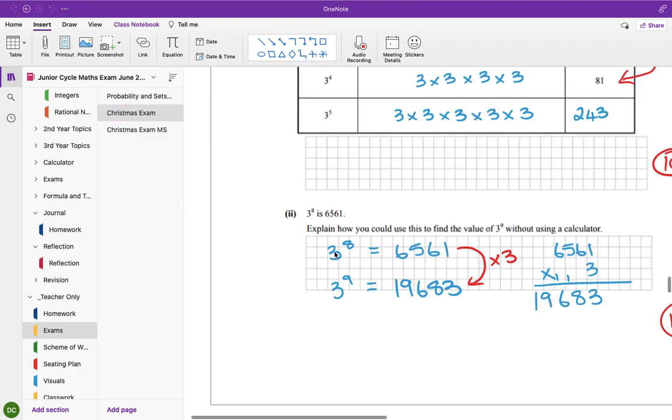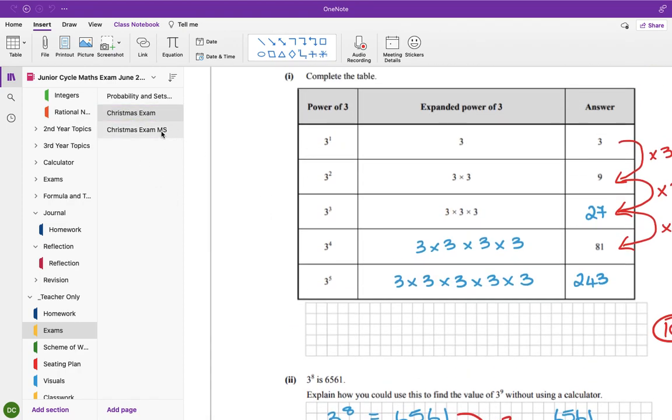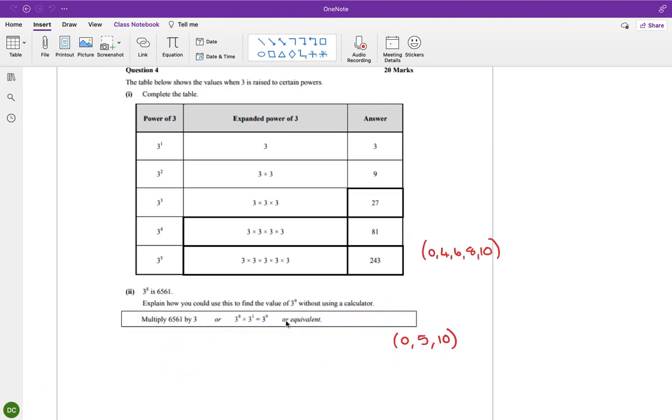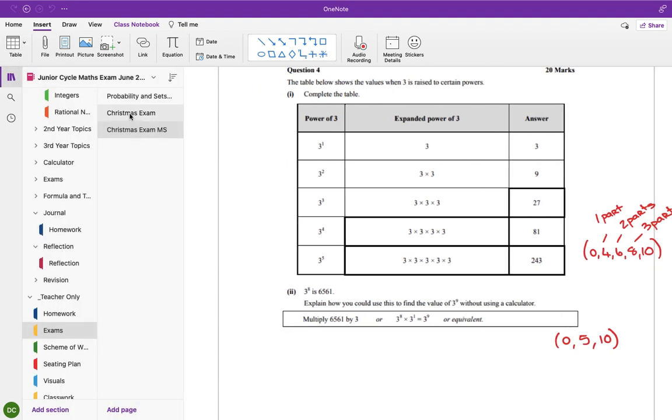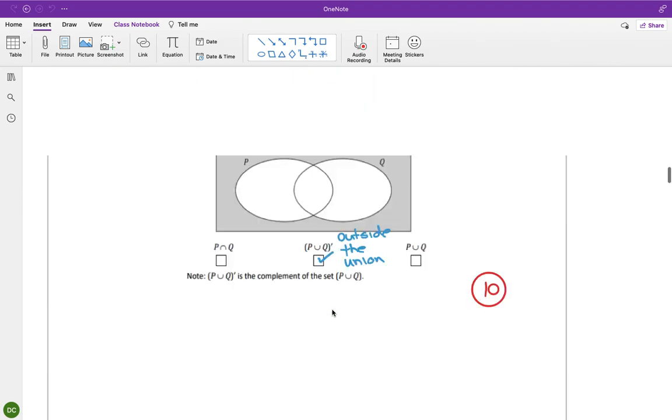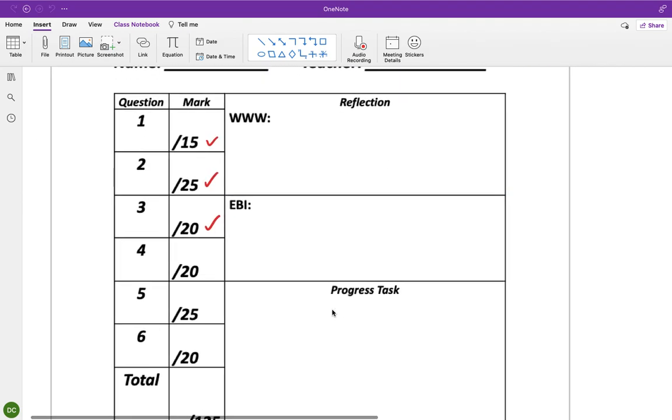Okay, so how many parts was I trying to fill out? 4. Okay. So that's question 4. We're 20, which is right.